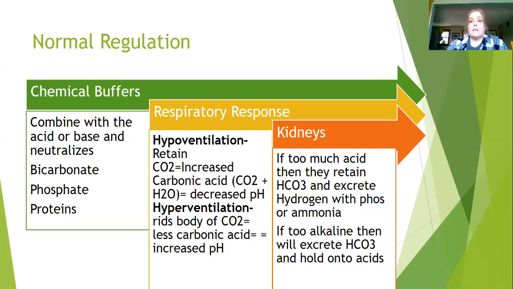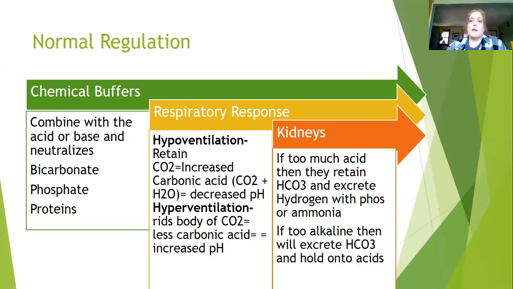If that doesn't work, then the respiratory system kicks in. It can make us breathe faster or breathe slower. If we breathe faster, we get rid of more CO2. And more CO2 causes more carbonic acid, so it creates more acidity in the body. So when we hypoventilate, we are keeping CO2 in to make ourselves more acidotic.